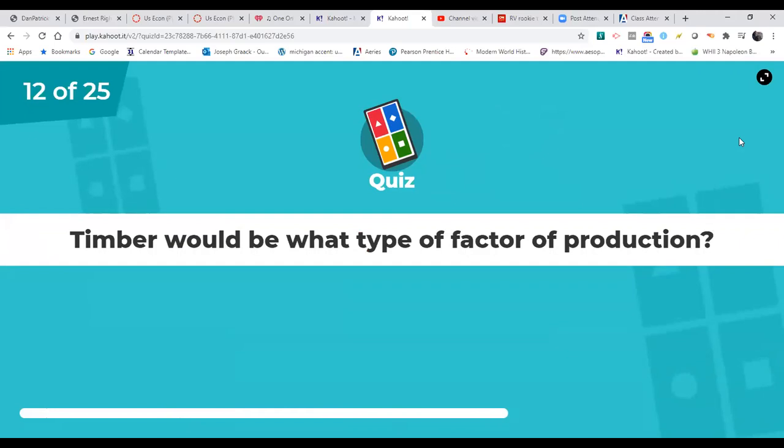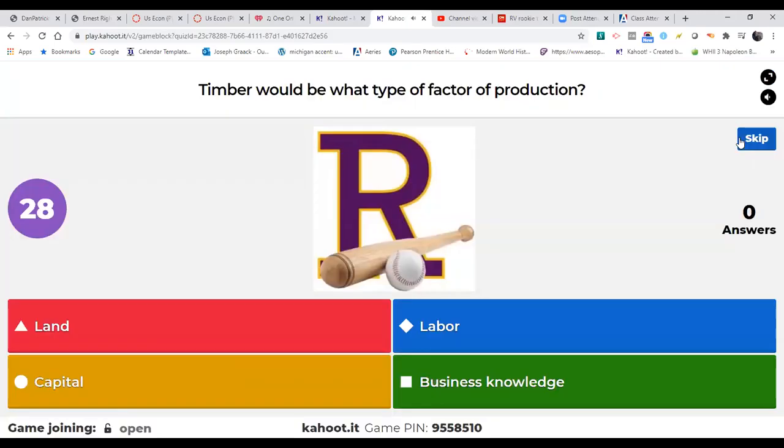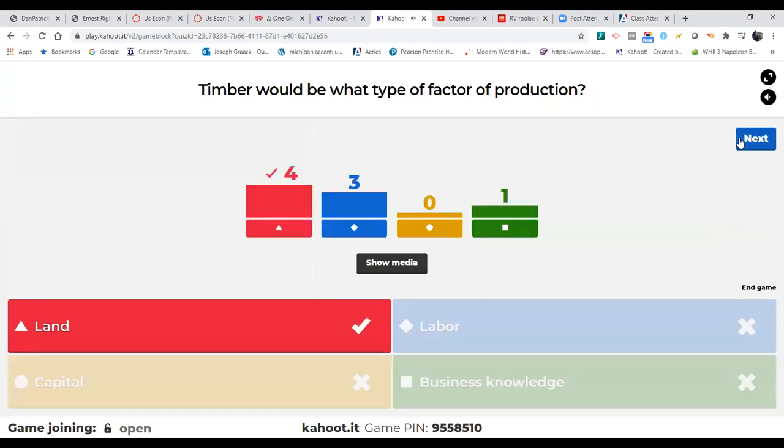All right, timber would be what type of factor of production? Land. Land.